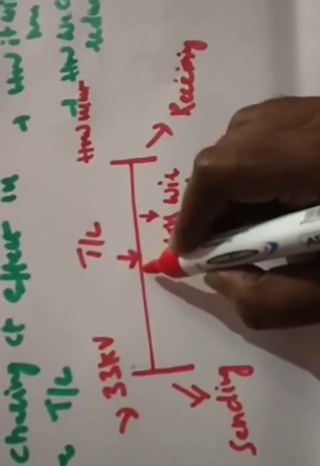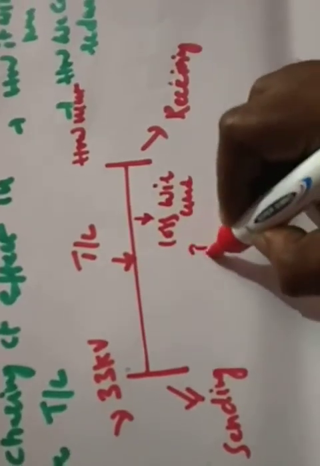The conductor has some resistance, so copper losses will develop, and due to these copper losses there is a loss in voltage. So how much voltage will you get? Maybe 32.33 kV or so.